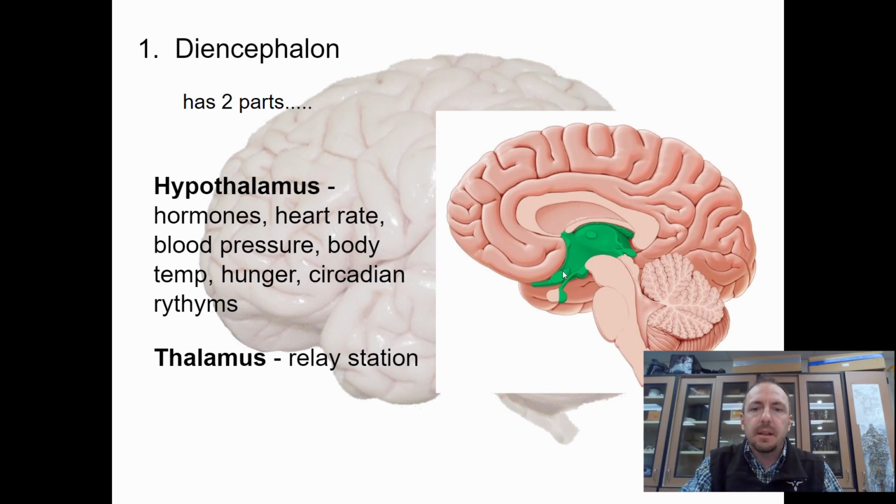And then your hypothalamus right here is just inferior to that thalamus. And that's where your hormone regulation is, heart rate, blood pressure, body temperature, hunger, your circadian rhythms. Think of homeostasis.